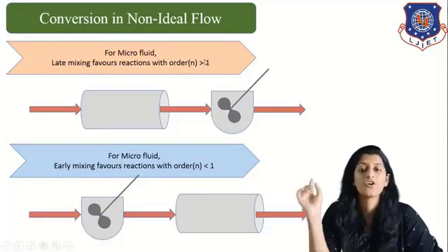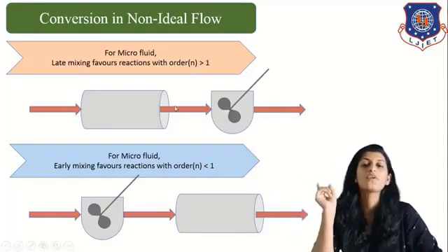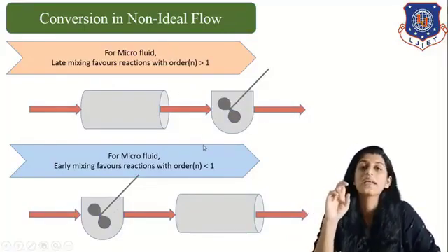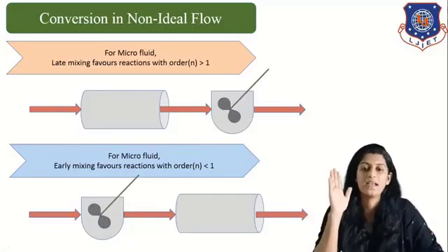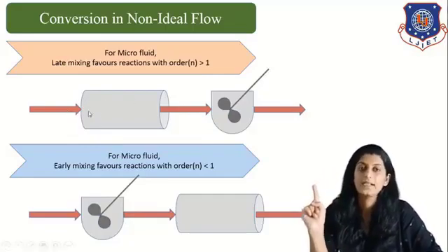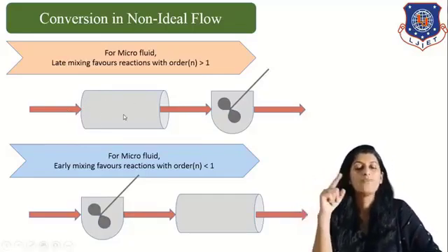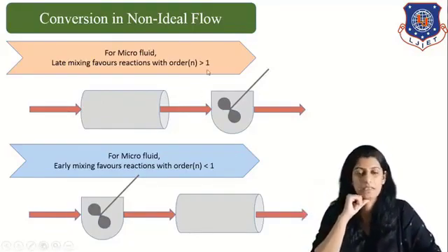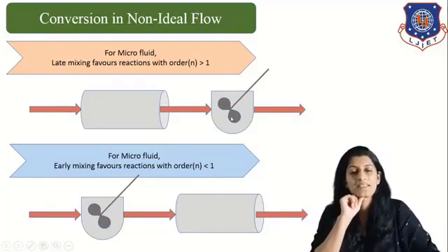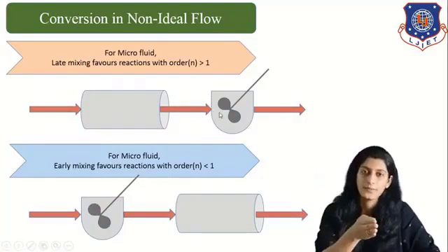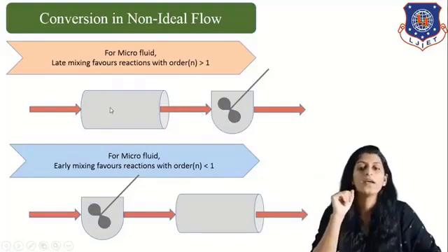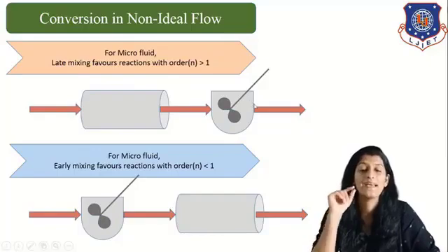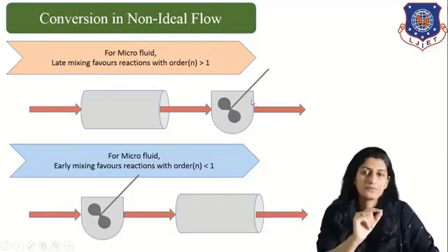In case of micro fluid, if you are providing late mixing, what we are doing here is sending a reactant into the reactor, and once it is converted, we give it proper mixing. We have placed a mixer after the reactor. If you arrange it this way, it is known as late mixing.